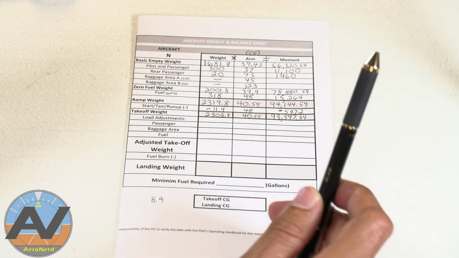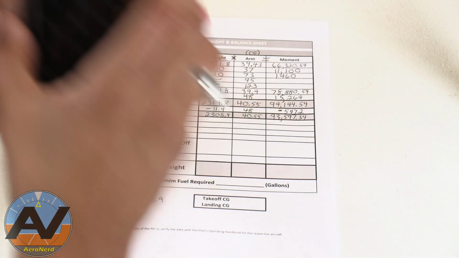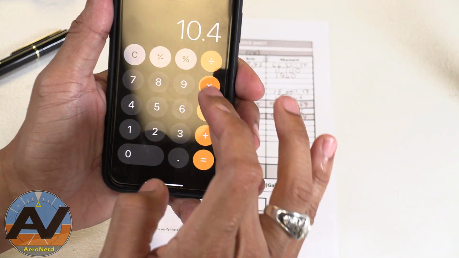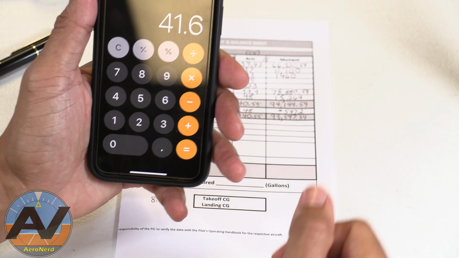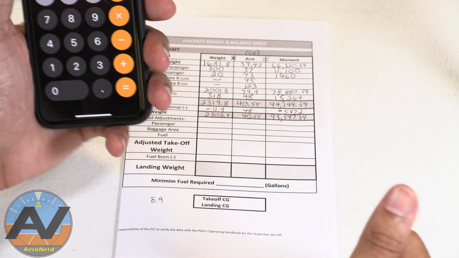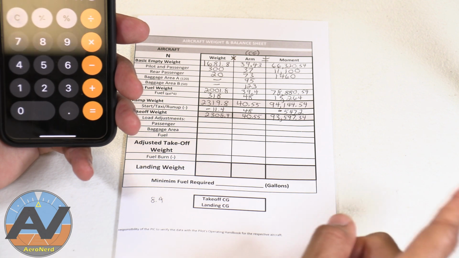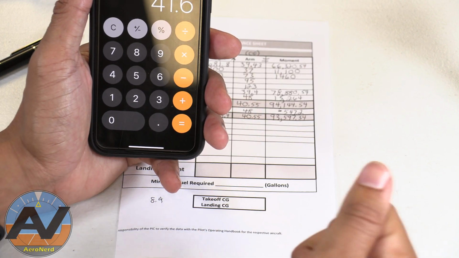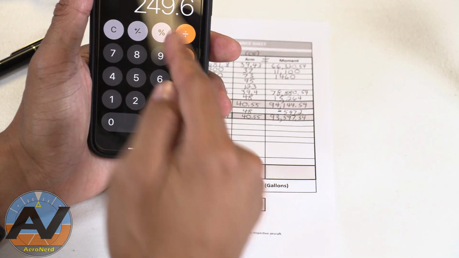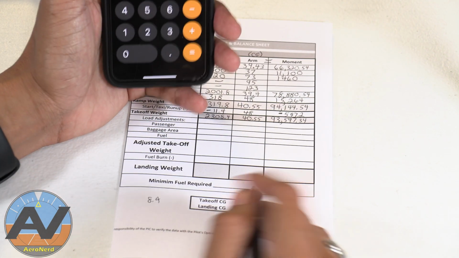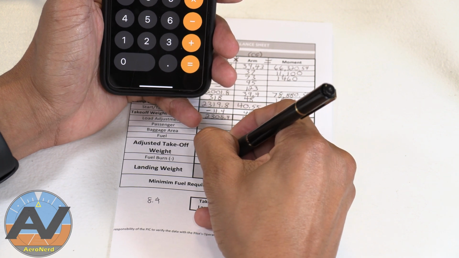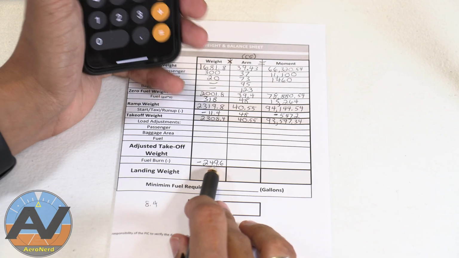So let's say we wanted to fly for 4 hours. So we do 10.4 times 4, and there's your total 41.6 gallons that we're going to be using. Now, remember, weight, not quantity, so we times that by 6, and then we get our fuel burn of, so we're taking out 249.6 pounds.